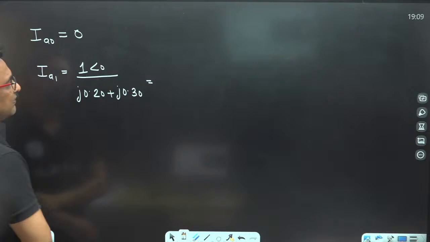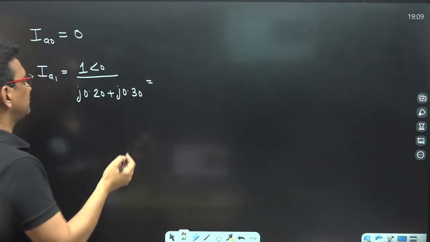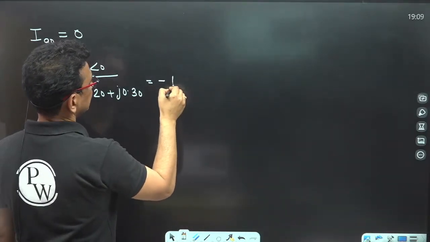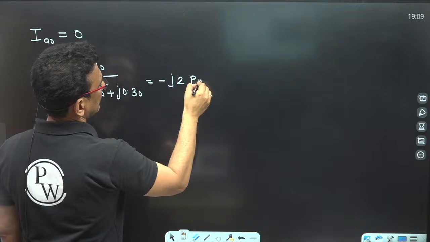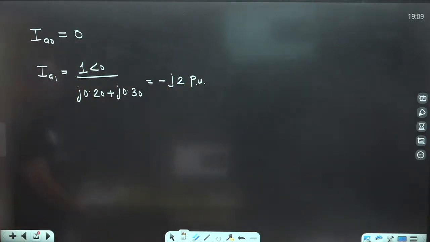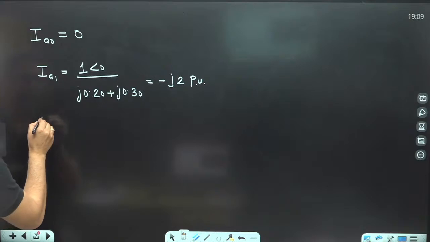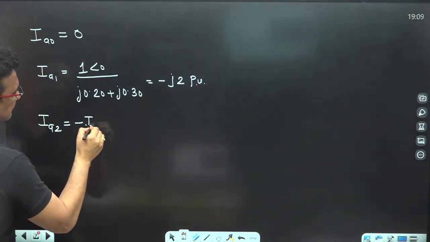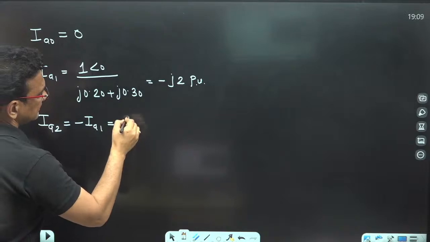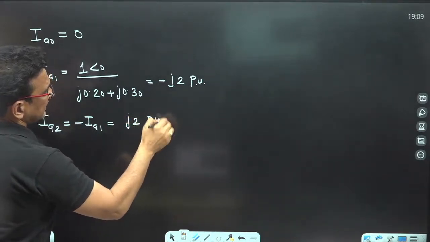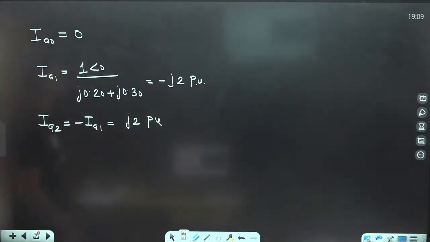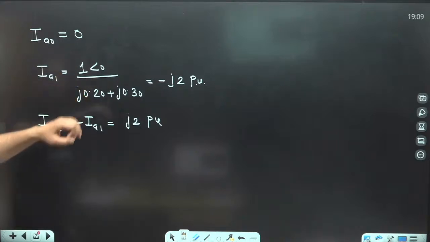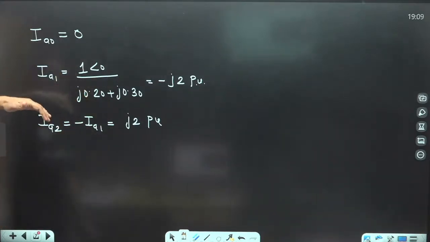That means 1 upon 0.5 means 2 pu, that is minus j 2 pu is the value of IA1. Similarly, IA2 is the negative of IA1, so it becomes plus j 2 pu. So this is the value of positive sequence, negative sequence and the zero sequence current.